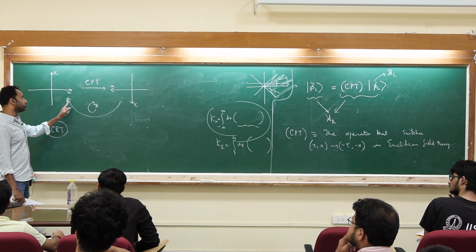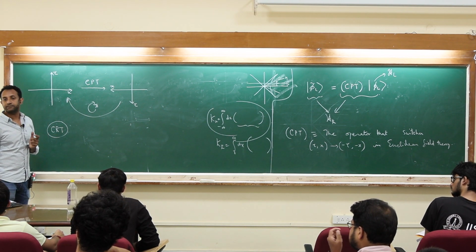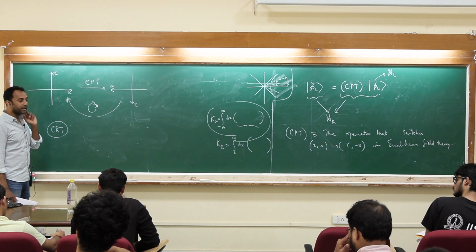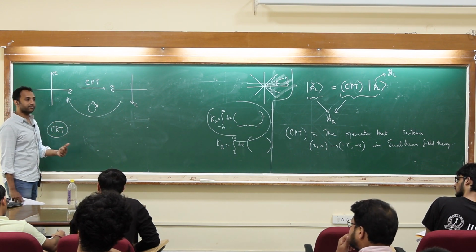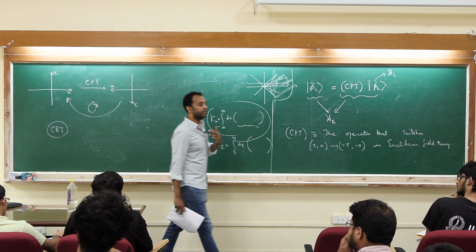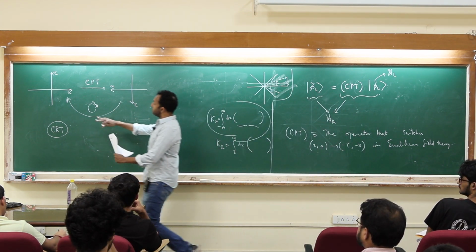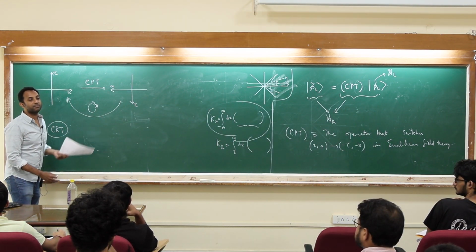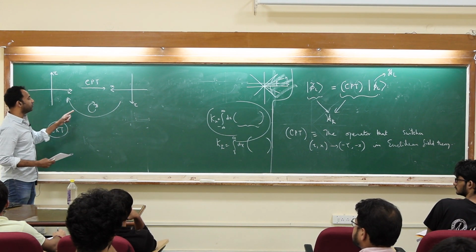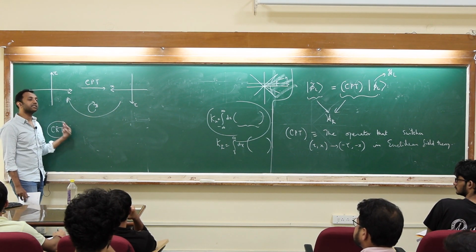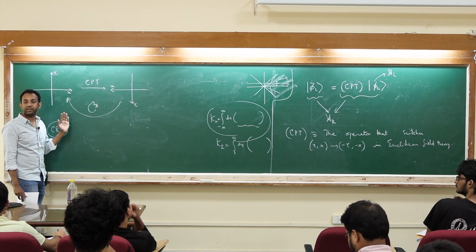But the crucial point about CRT is that it's a discrete symmetry, not a continuous symmetry. If it was just a statement about Euclidean signature, this would not even be interesting. But when you Wick rotate back to Lorentzian signature, this has interesting consequences. That's the reason why we care about it.